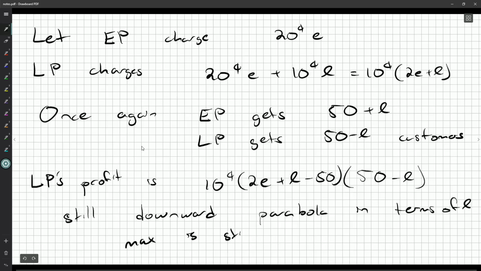The maximum is still found halfway between the roots. And the roots are, once again, 50. And now 50 minus 2E. So 50 minus 72 for the last question. Roots are 50. 50 minus 2E.